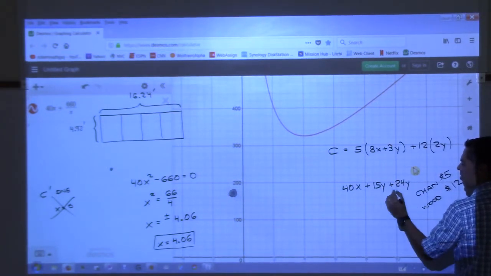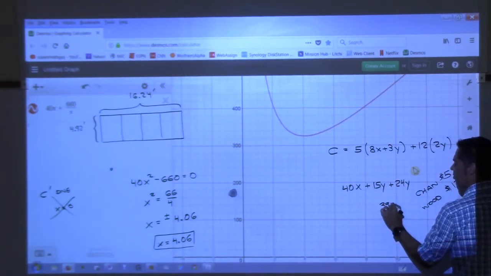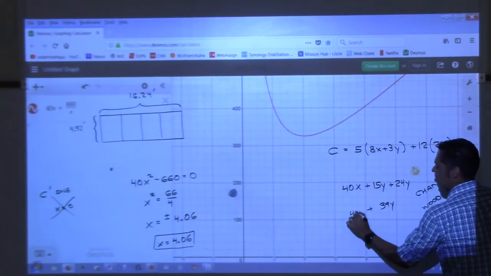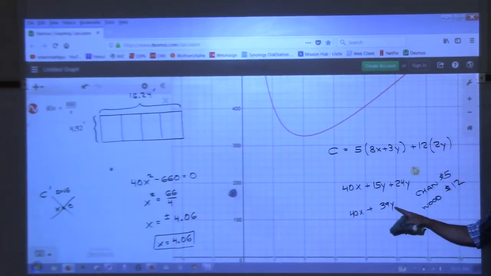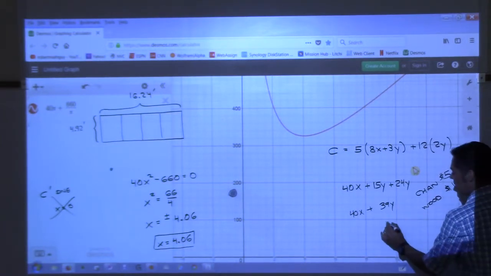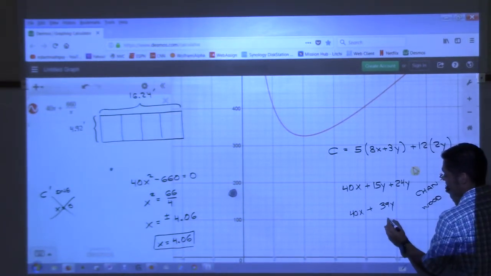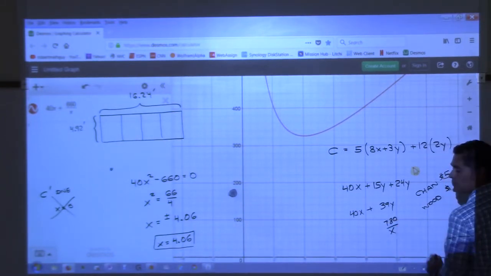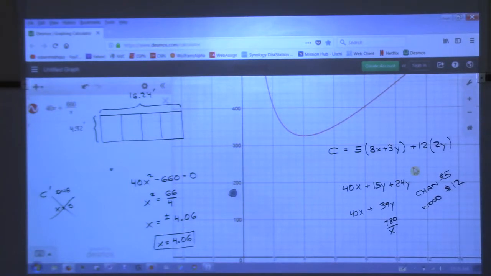And so this would now become 39y plus 40x. And now if I replace y with 20 over x, then we're going to get 780 over x. So I'm going to graph that next to this one.